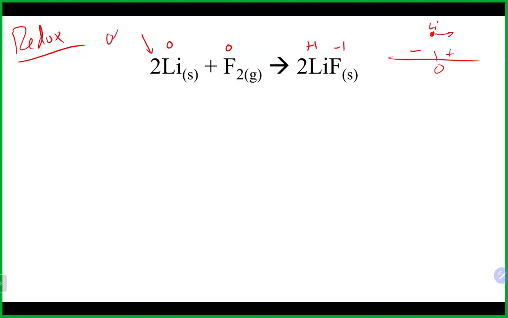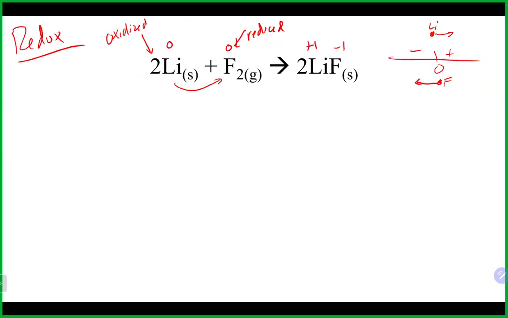That is being oxidized. Our fluorine starting at 0, ending at -1, going in that direction, more negative, is being reduced in this case. So it is clearly a redox reaction occurring. Again, electrons are really being transferred from the lithium, in this case, to the fluorine.